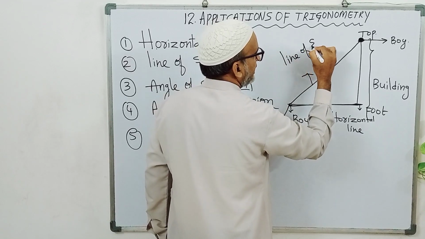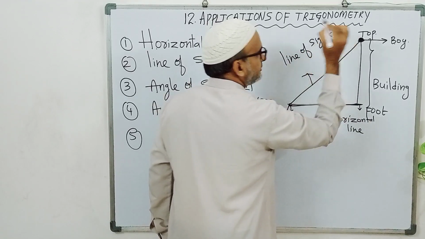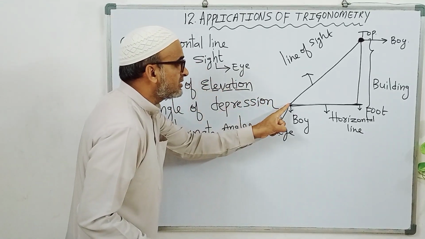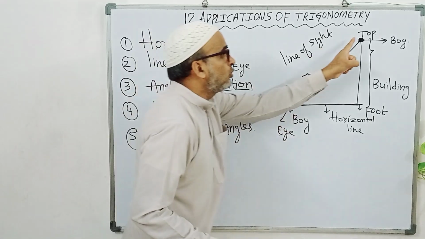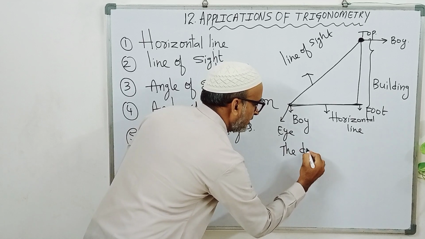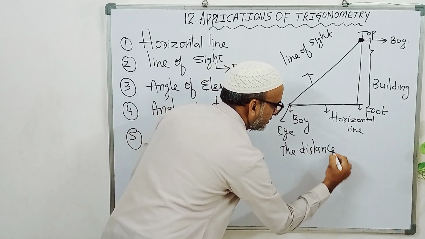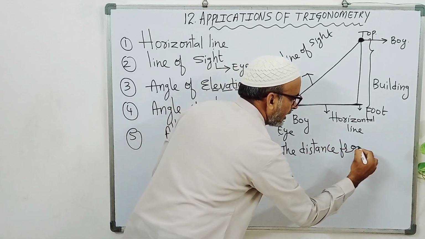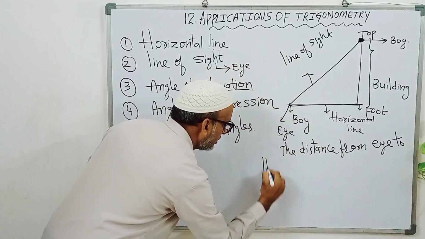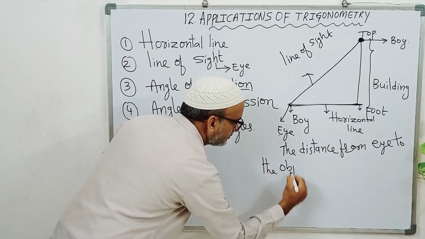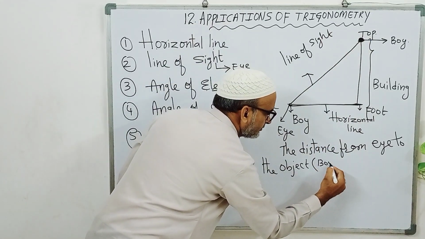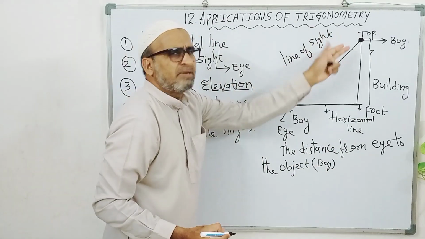Line of sight, S-I-G-H-T. What is the definition of line of sight? The distance from the eye to the object. Object is nothing but here the boy. Object may be anything, some item may be there.